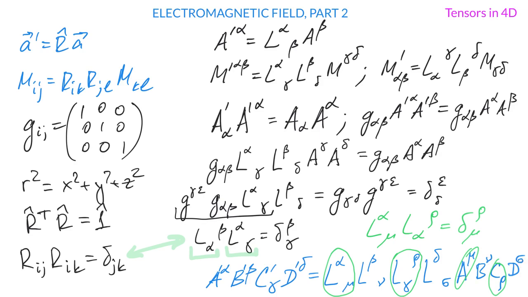So we have a tensor of a rank that is reduced by 2. This is the basic pattern in tensor expressions, both in Euclidean and pseudo-Euclidean space.